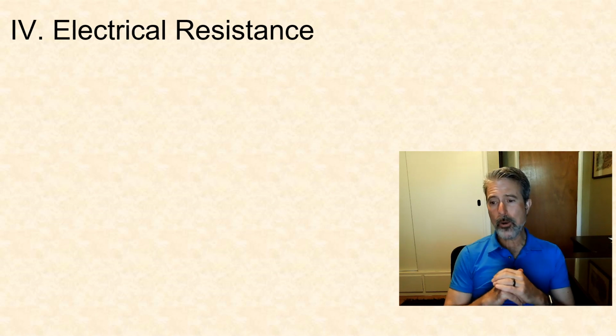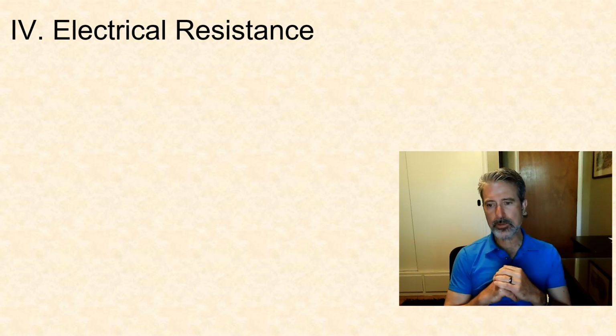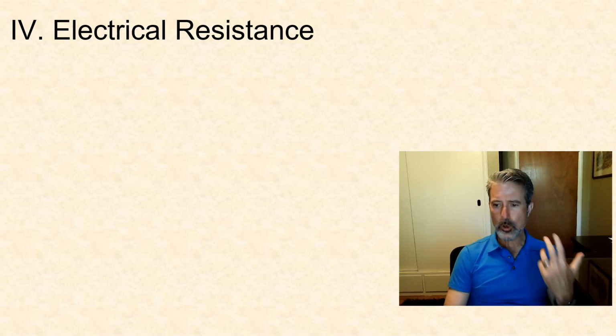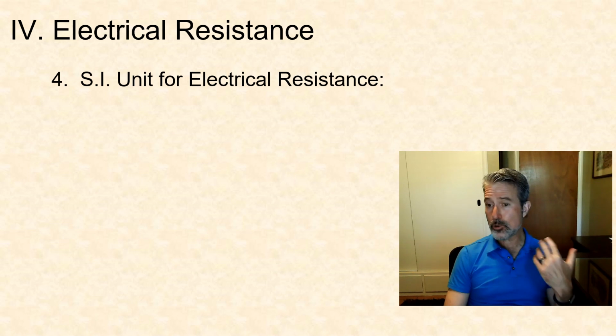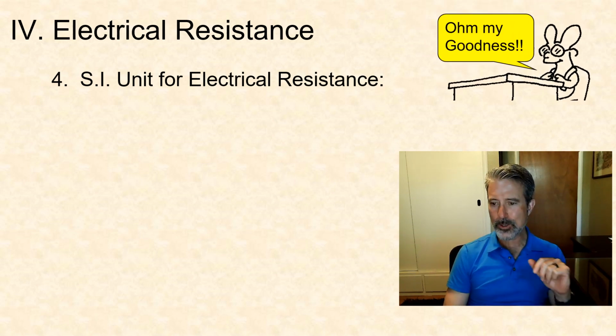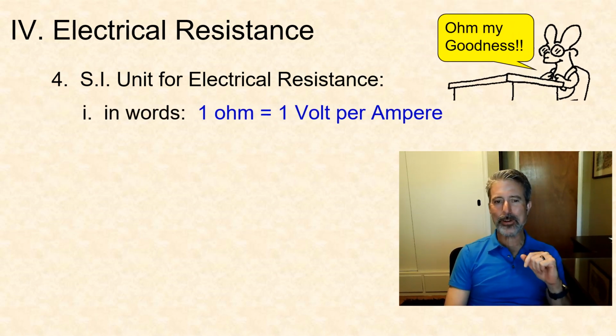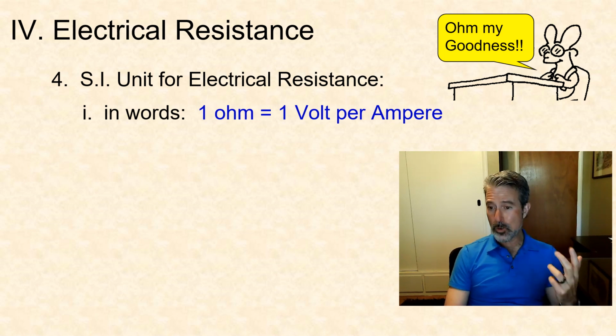So as you well know, anytime you introduce a new physical quantity, you must have a new unit to be able to make measurements of that physical quantity. So what is the unit that we use to measure this physical quantity we call electrical resistance? Well, let's look at this little guy for some clues. Yes, it is the ohm. And in words, an ohm is defined to be a volt per ampere. 1 ohm is 1 volt per ampere.